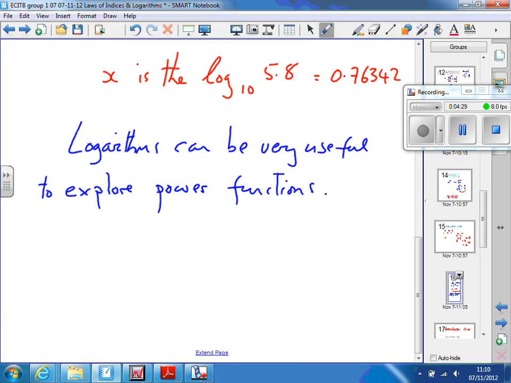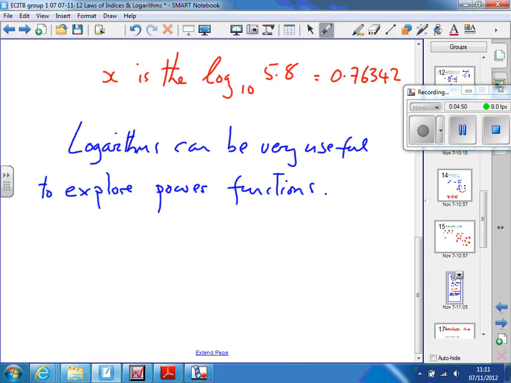Because logarithms are to do with powers, when we come on to power functions where the variable is in the power, for example, then we need to use logarithms. They're also useful in other ways. We can come up with some laws of logarithms which come from the laws of indices.